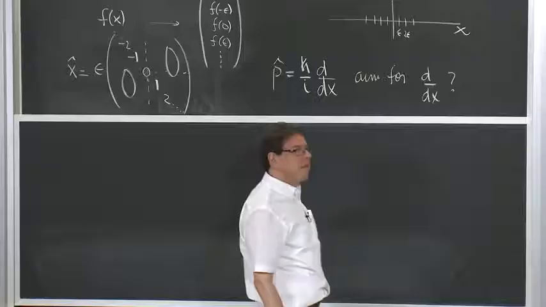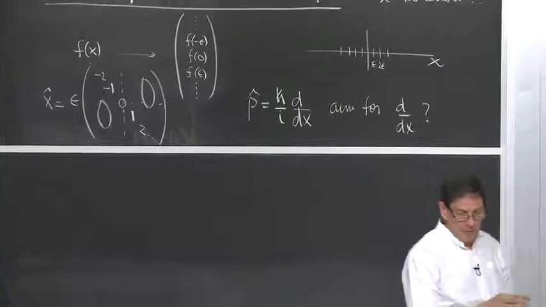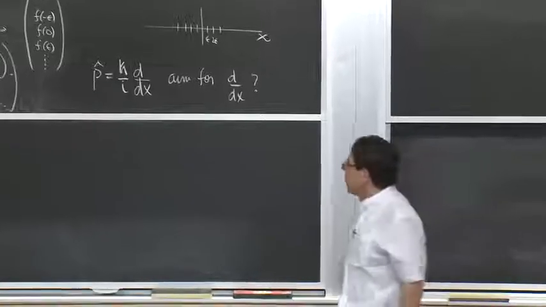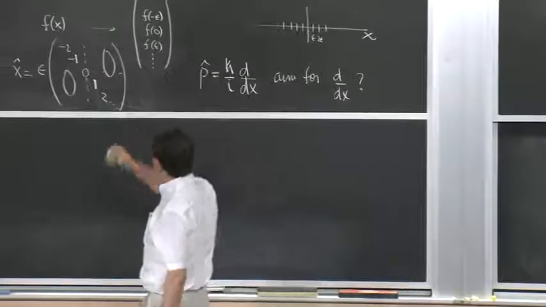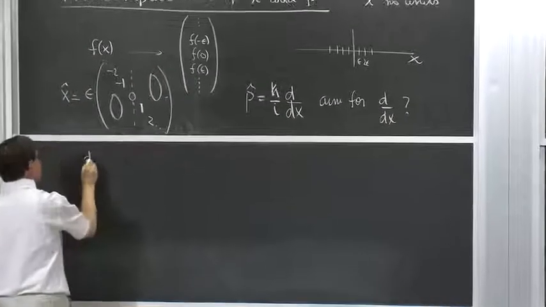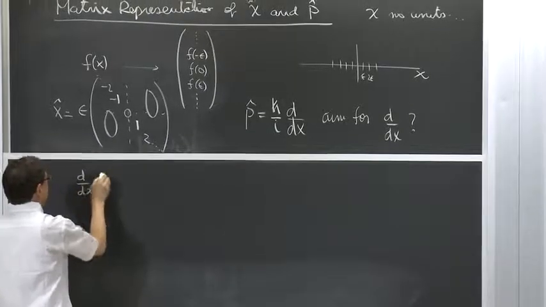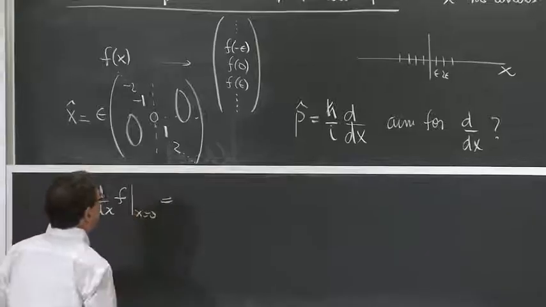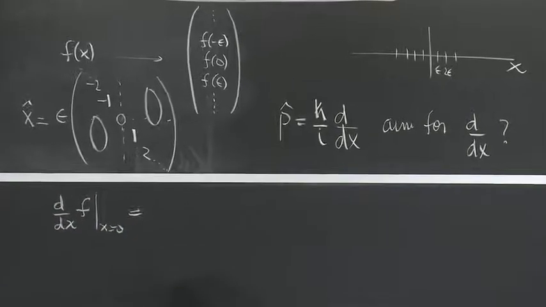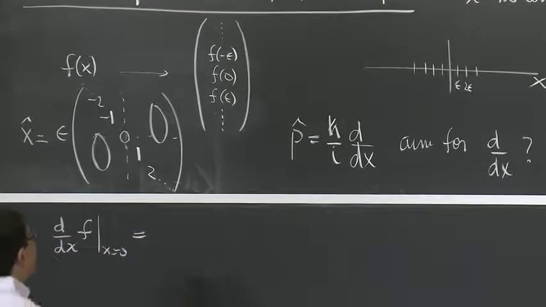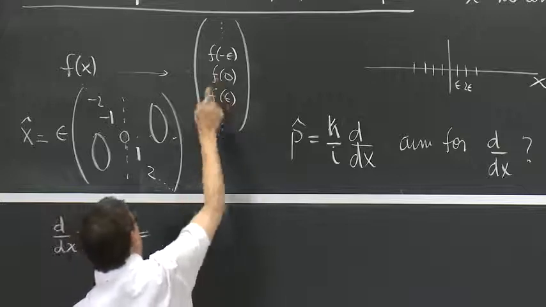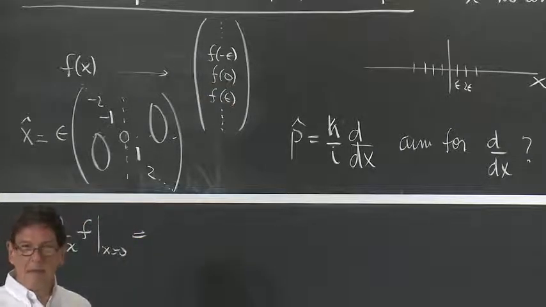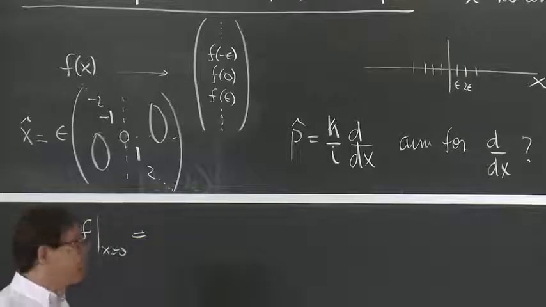So if I want to, for example, calculate the derivative of a function at x equals 0, d/dx of f at x equals 0, I could do it in many ways. I could take the value at epsilon, subtract the value at 0, divide by epsilon, and that would be a fine representation of the derivative.